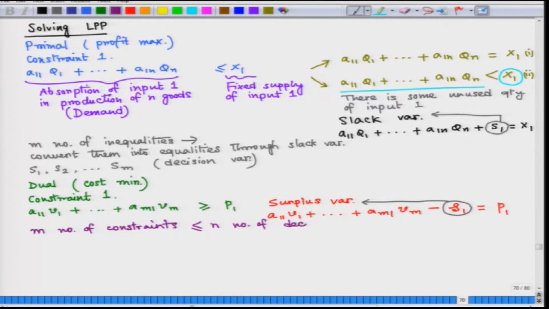Sometimes they are also called control variables. Okay. So, this is basically the general LP problem.